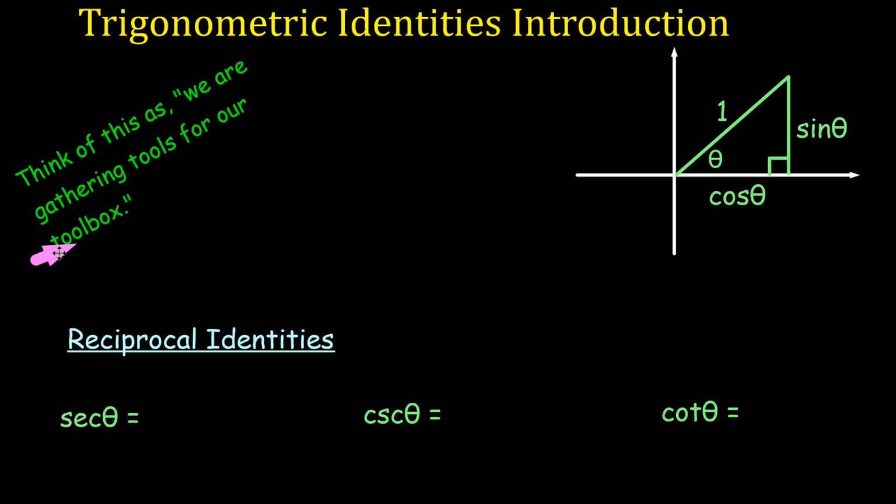So we're going back here to our unit circle. One thing we talked about in the unit circle is that the x value is cosine and the y value is sine, and that's for the unit circle where the hypotenuse is 1.